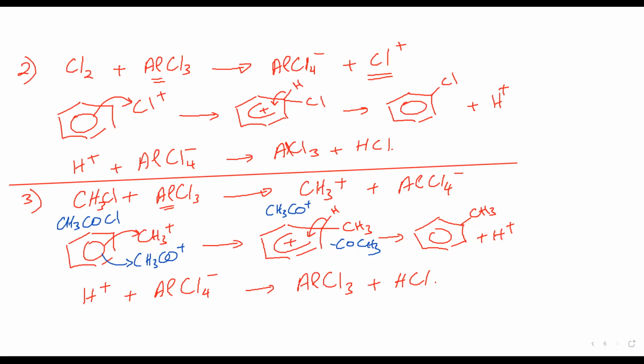Now for the phenols, we said that when we have a phenol, then all these reactions can be done also with phenols, but at mild conditions. All the reactions can occur at mild conditions. And the reason for that, as we said, is that the lone pair of electrons on the oxygen are also present in a p orbital.